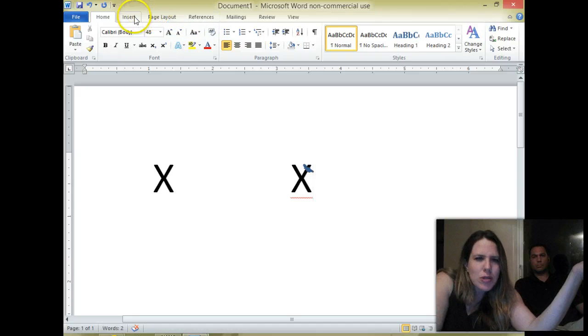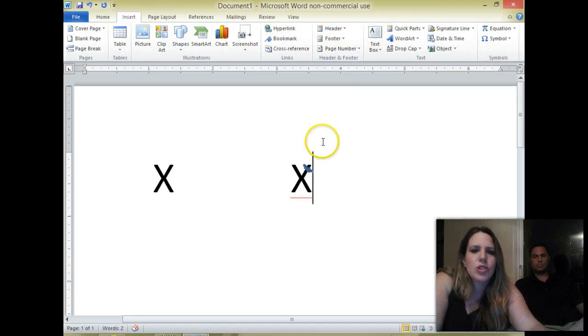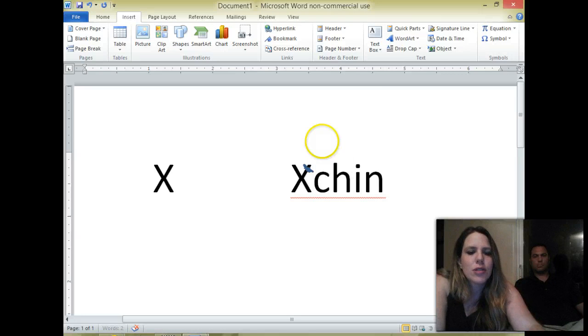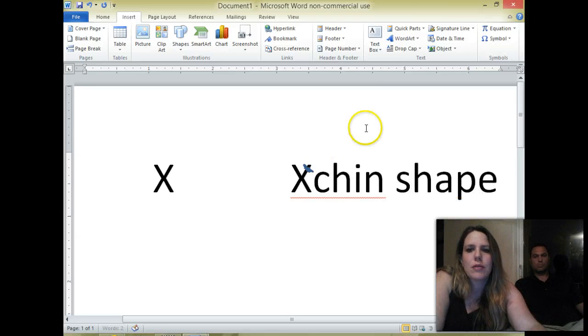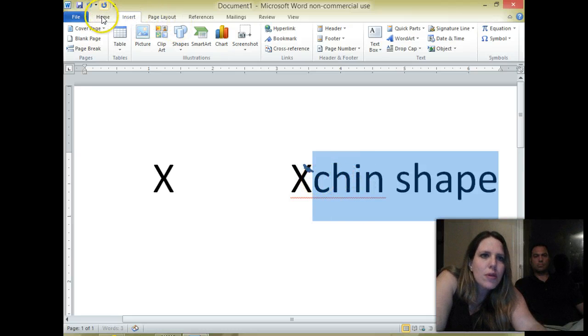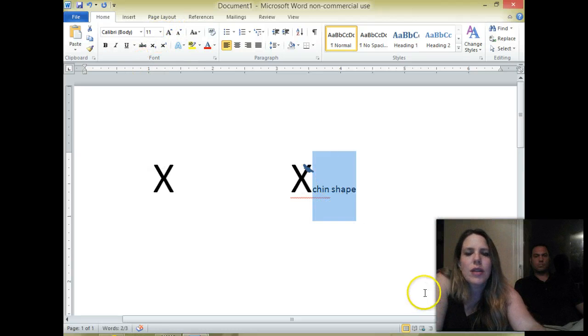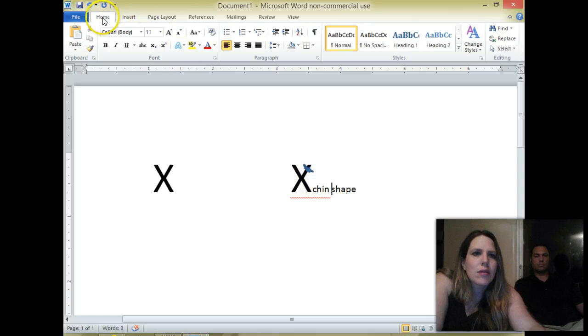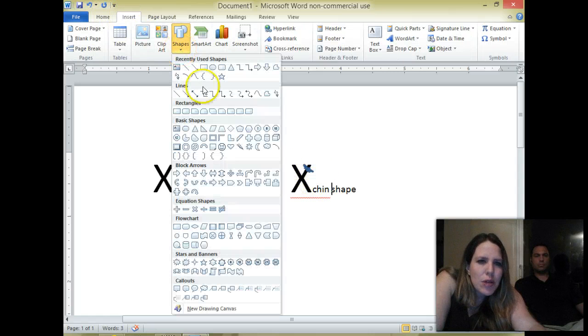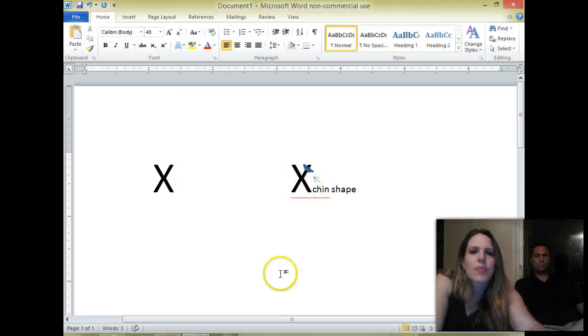I'm going to insert a text box here just to show you that this is chin shape. Imagine that was chin shape right there. I'd better draw an arrow just to make that more clear.